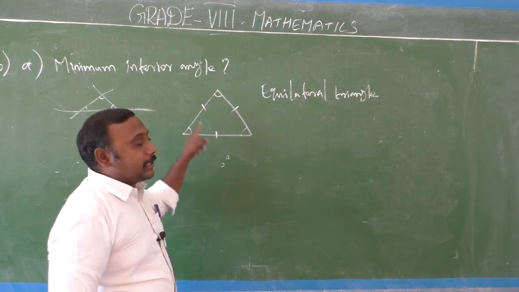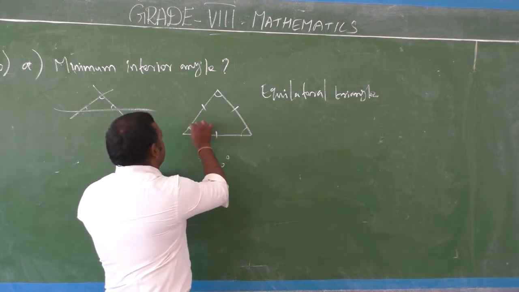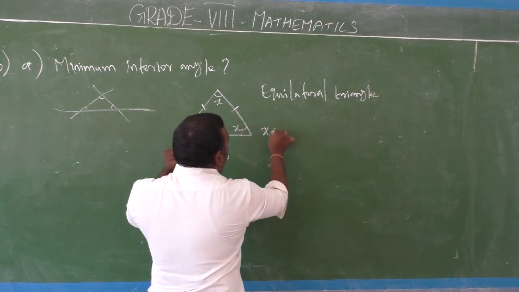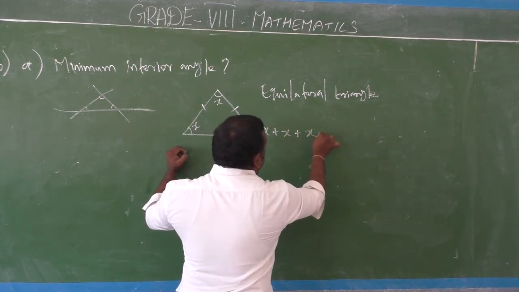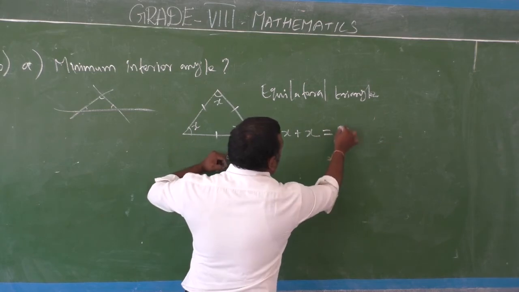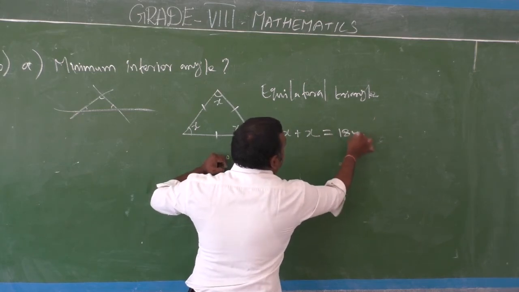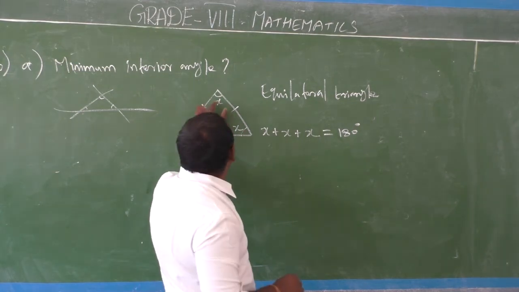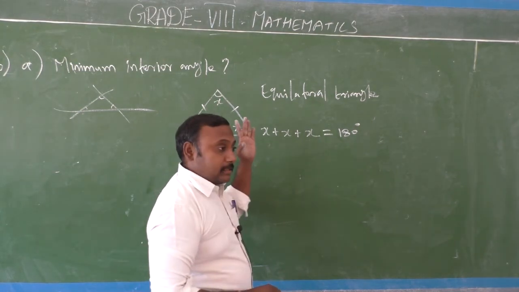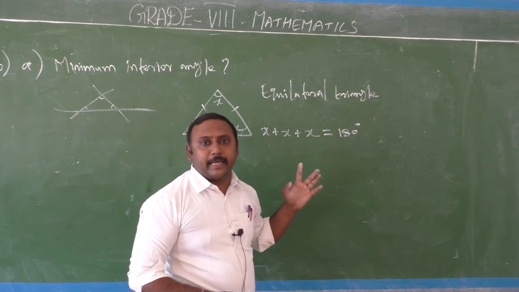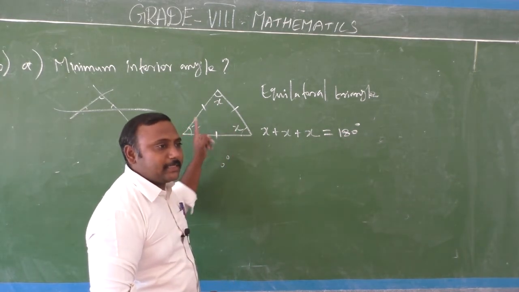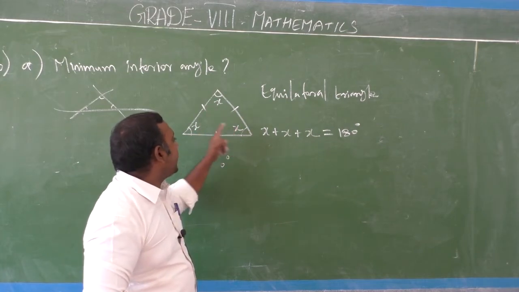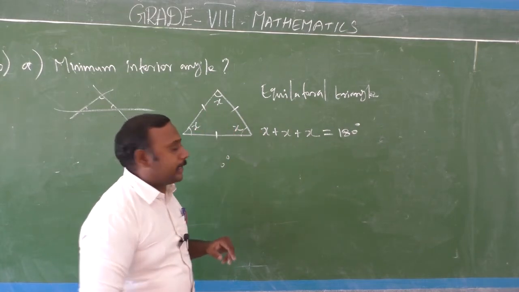So in this equilateral triangle, suppose each angle is x, all the x should be the same. Here the sum of all interior angles should be 180 degrees. This is not a quadrilateral, this is a triangle. It is a polygon also, but particularly a triangle. So the sum of all the angles of a triangle is equal to 180 degrees.